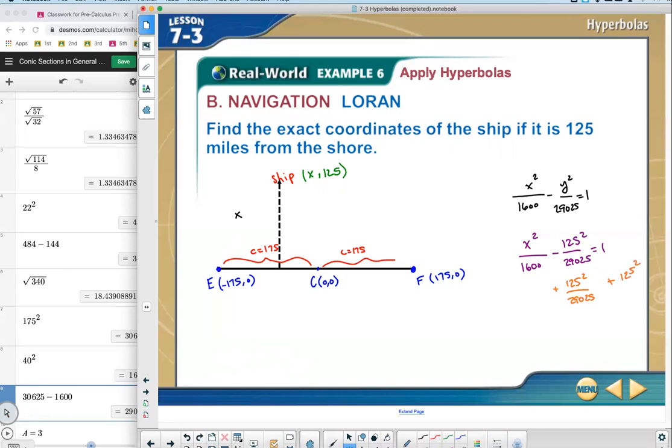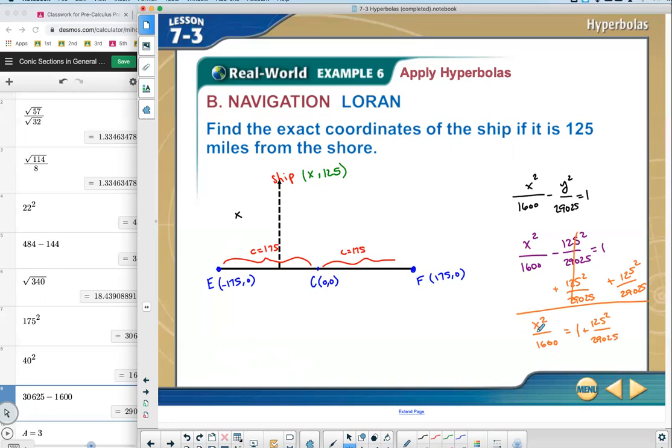So I will add that on both sides. And so we'd have that x squared over 1600 would equal 1 plus 125 squared over 29025.